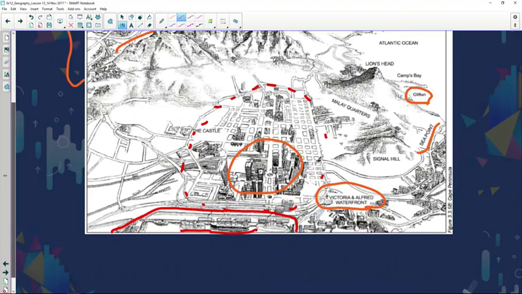In this case, it comes by shipment. As you can see, these are railway lines being offloaded from the ships onto the railway lines and being dispersed to the rest of the country or via trucks. So it's a place that changes transport modes.